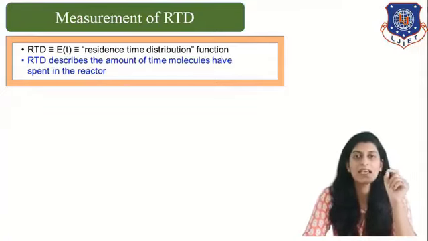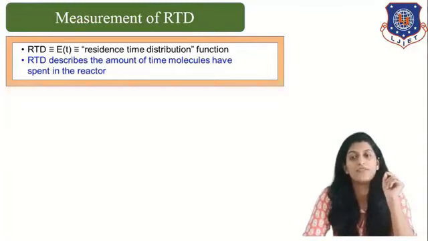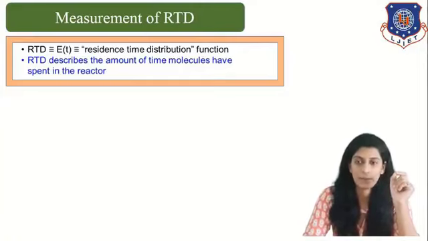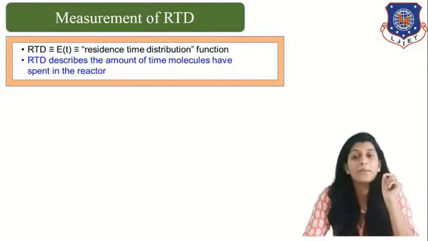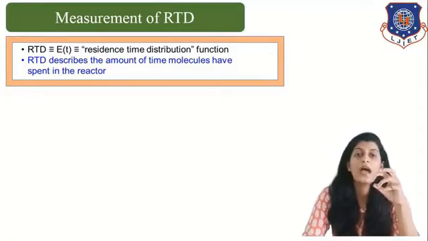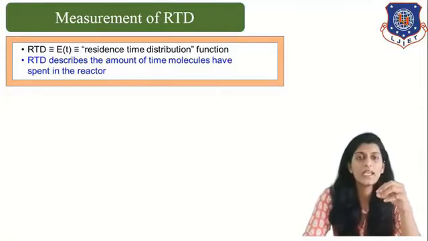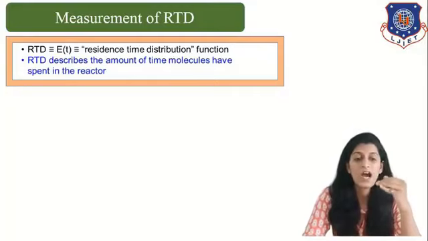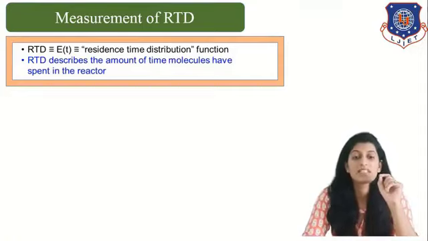That means E is the notation of residence time distribution, which is a function of time t, right? RTD basically describes the amount of time molecules have spent inside any reactor. It depicts how much time molecules have spent inside your reactor, correct? So it is very important to understand what RTD is before going deeper into it.